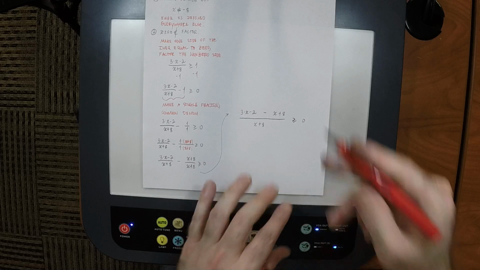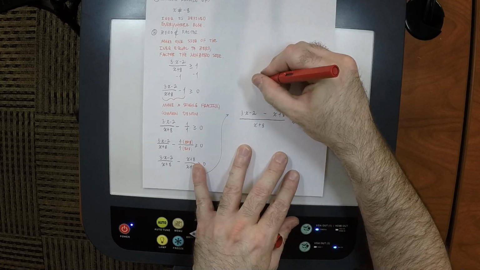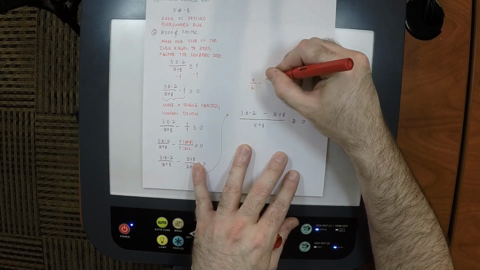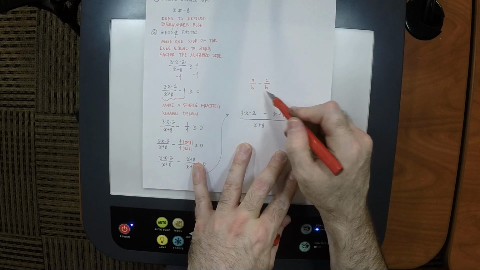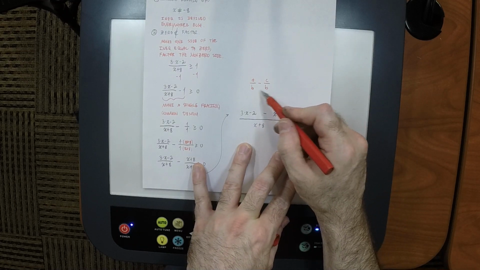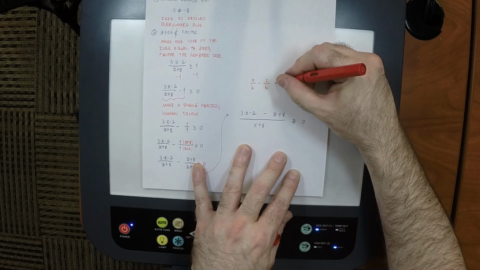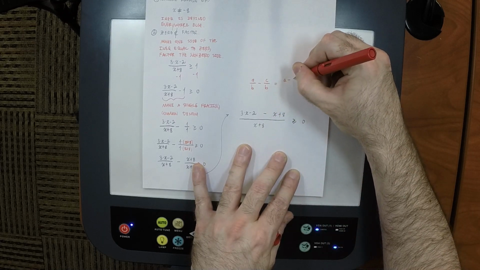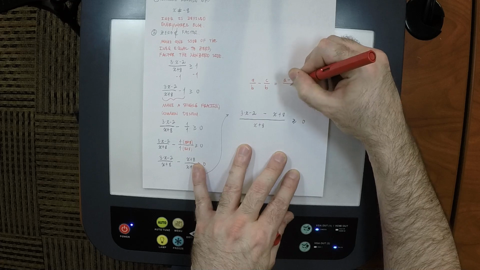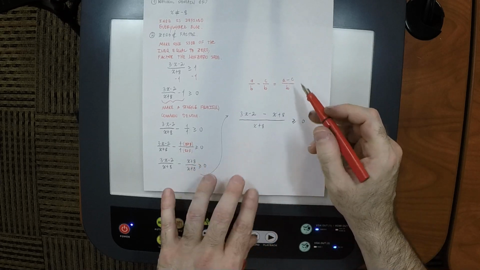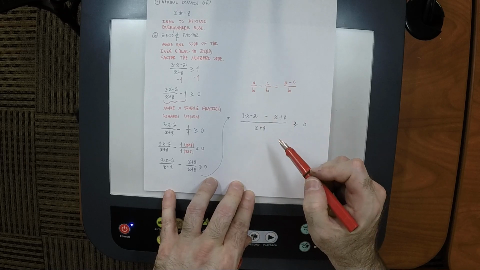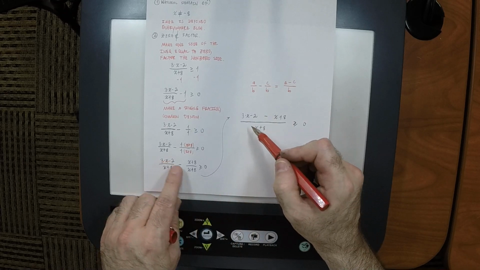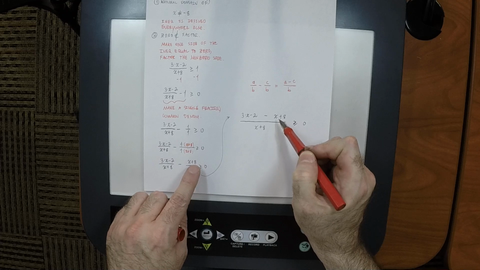Because sort of the general rule that I'm using is that when you're subtracting two fractions and the denominators are the same, so in this case they're both b, then the answer is a minus c, and then all of that over b. So it's that numerator subtract that numerator.